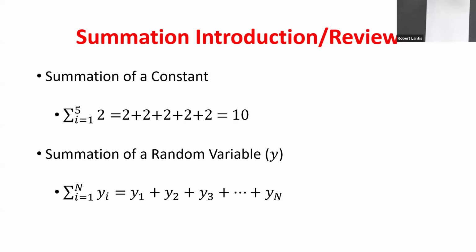So start with the value for this variable of the first observation, add to that the value for the second observation, add to that the value for the third, all the way until you get to the value of the, what did capital N represent last class? You remember? Observations. The total number of observations in a population data set. So go basically all the way to the very last observation. Okay, so that's all the summation sign means.